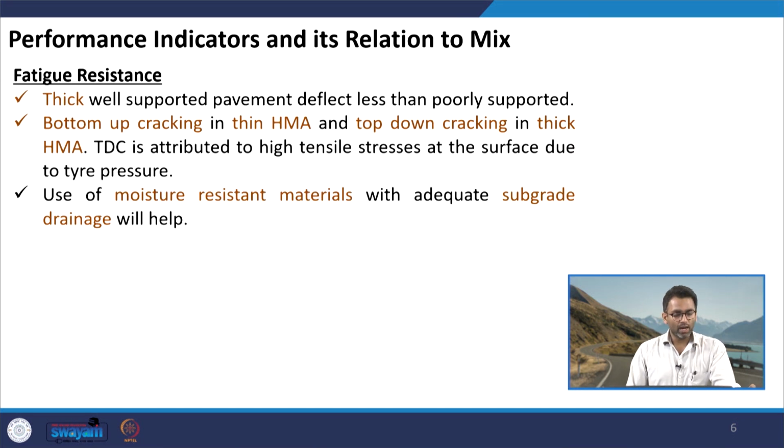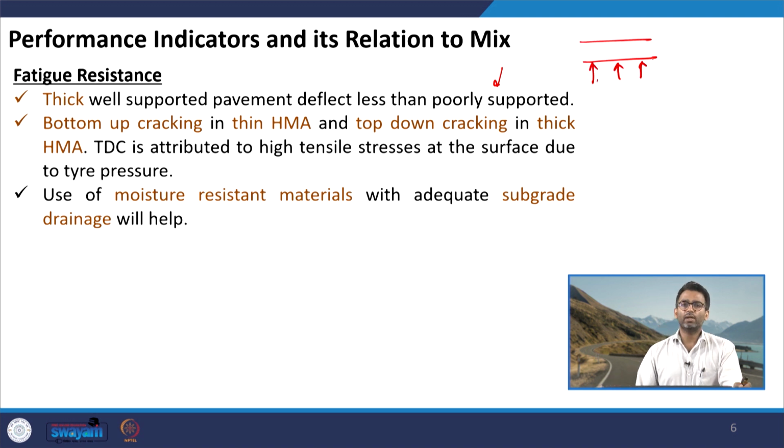In addition to that, as I was talking about the thickness, if the thickness of the bituminous layer is high enough, so a thick well supported pavement will deflect less than a poorly supported one. So, this also indicates that the support beneath the mix also plays a critical role in influencing the occurrence of fatigue.